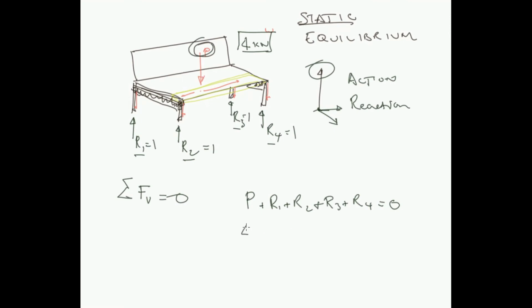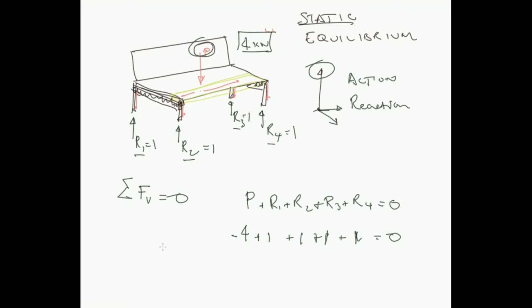So we would have 4 in the downward sense, so minus 4 plus 1 plus 1 plus 1 plus 1 is equal to 0. So we've got minus 4 plus 4 lots of 1 equals 0. So we have satisfied our requirements for static equilibrium in this case.